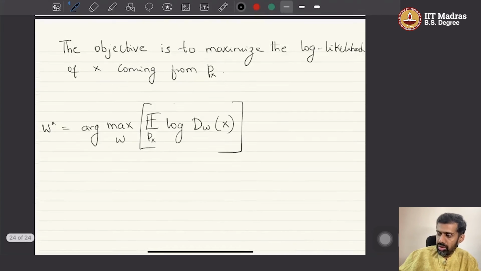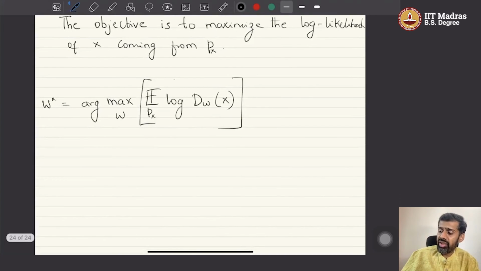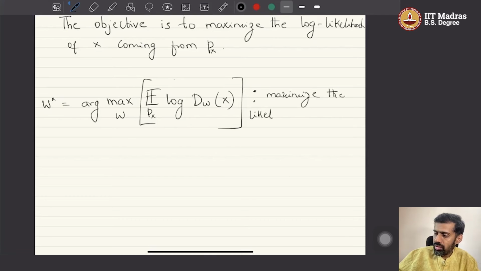Now, since this classifier also sees samples from x cap, what is this? This is maximize the likelihood of x sampled from px. This is what this objective is doing.